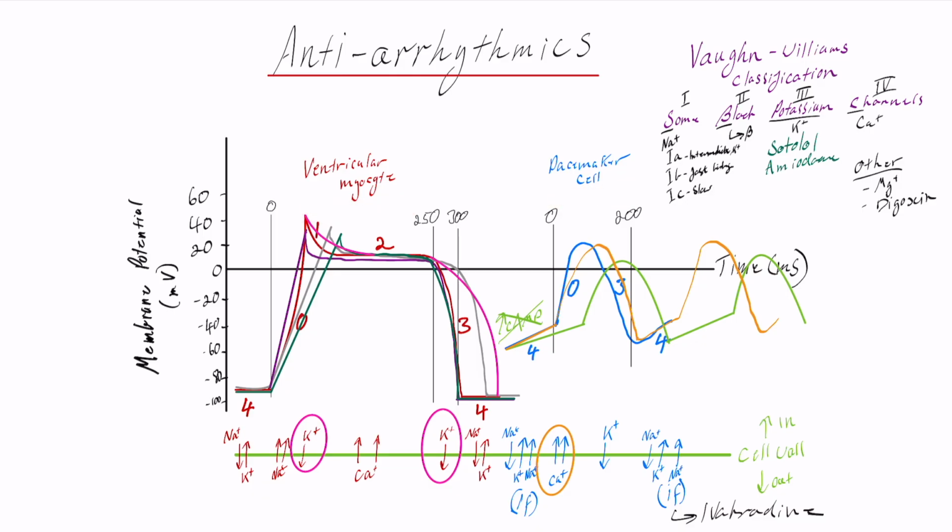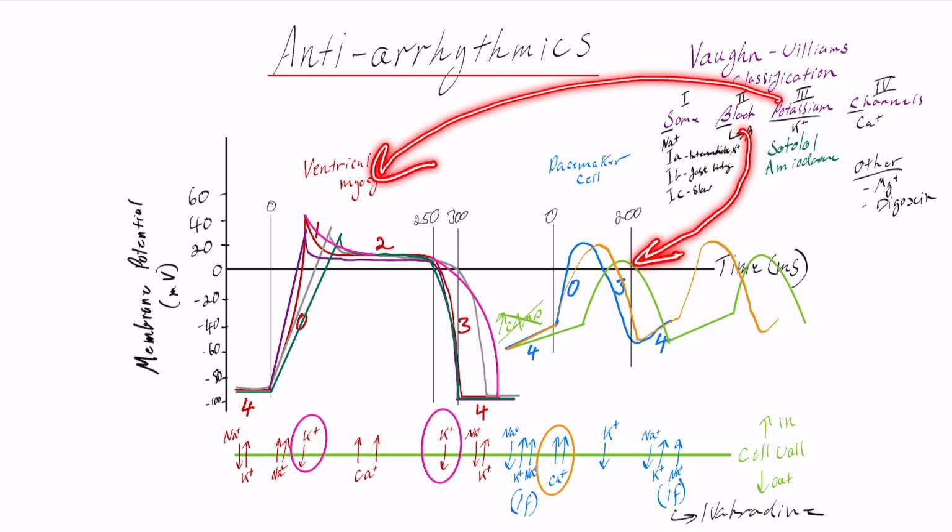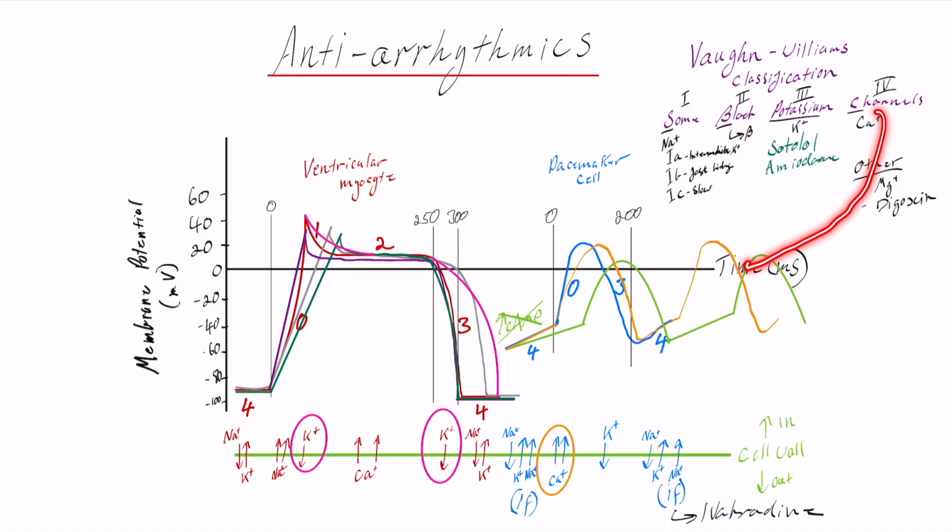And just to summarize, our sodium channel blockers affect ventricular myocyte, beta blockers affect pacemaker cells, potassium channel blockers affect ventricular myocytes, and calcium channel blockers affect pacemaker cells. And then we have our other medications which don't fit within the Vaughan Williams classification, and they can affect different parts, either the ventricular myocyte or the pacemaker cell.